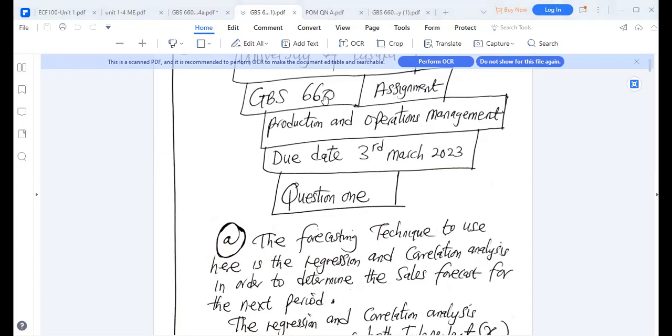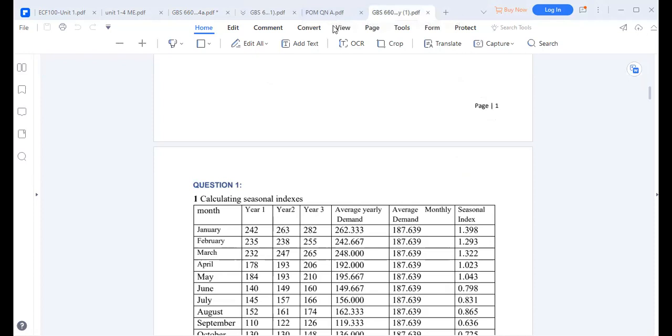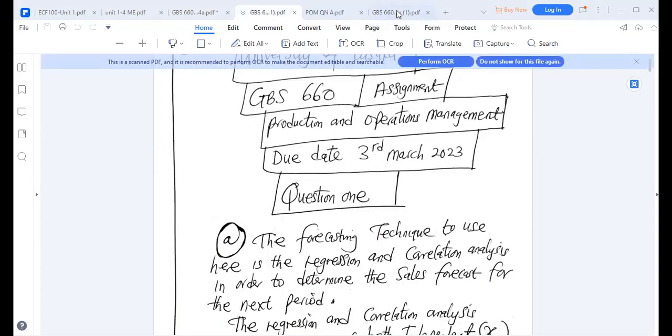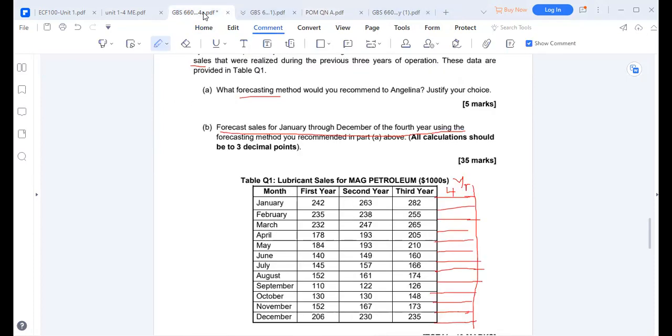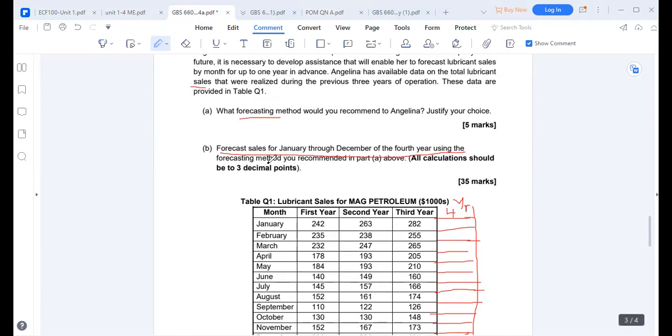The first question says, what forecasting method would you recommend to Angelina? Justify your choice. Okay, so the forecasting method to use here is the regression and correlation analysis, where we need to find the regression line. So that's an explanation of the first part of the question.